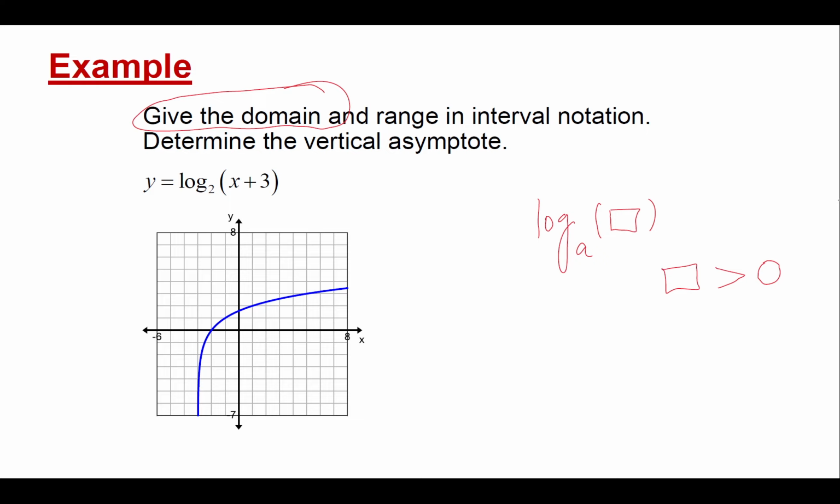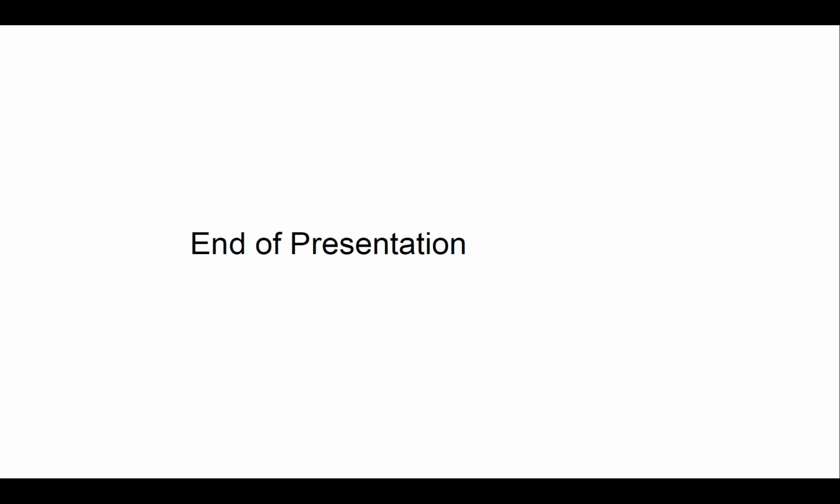For example, in this problem, in that box you have x plus 3, so you solve this inequality, and it gives you x greater than -3. So the domain of this function, as you can see in this graph, is anything greater than -3. So if you are planning to find the domain of a log function, make the expression inside the parentheses greater than 0 and solve for x.